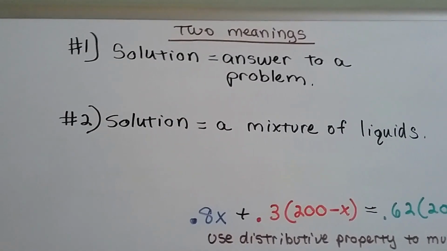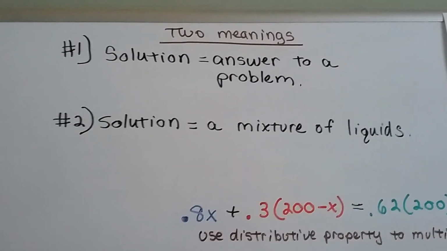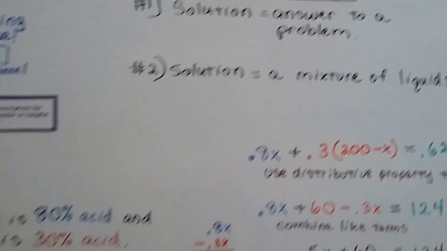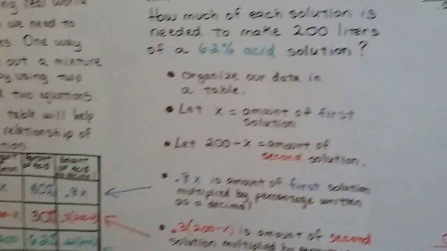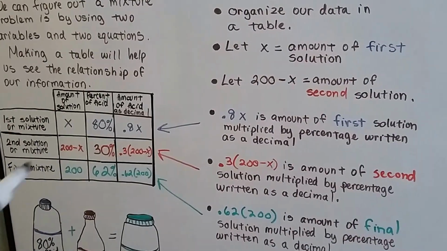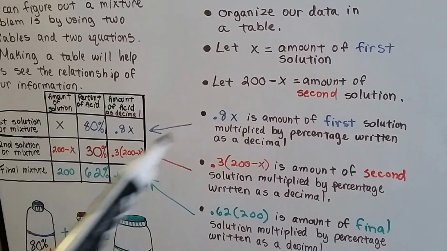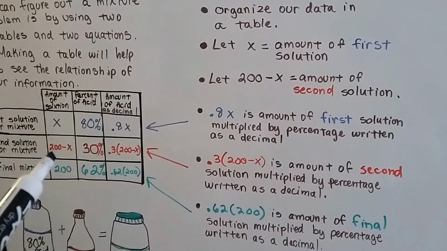Solution can be the answer to a problem, or solution can be a mixture of liquids. English is funny. So we're going to organize our data in this table here. x is going to be the amount of the first solution, and 200 minus x is going to be the amount of the second solution.